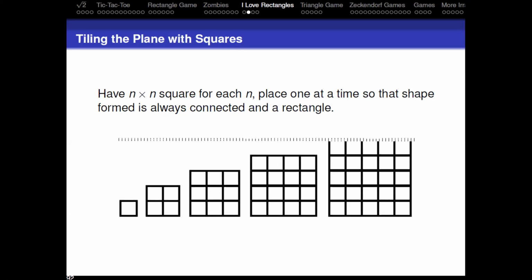Is it possible to put down another square next to it and keep it as a rectangle? No, because if I put down a 4 by 4 square, to have a rectangle, I need to put down something that has a side of 4. So this game is pretty boring, right? You can only put down one tile and keep things as a rectangle. Do you agree?